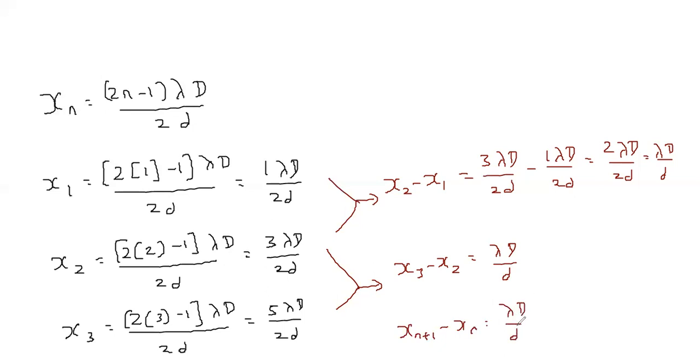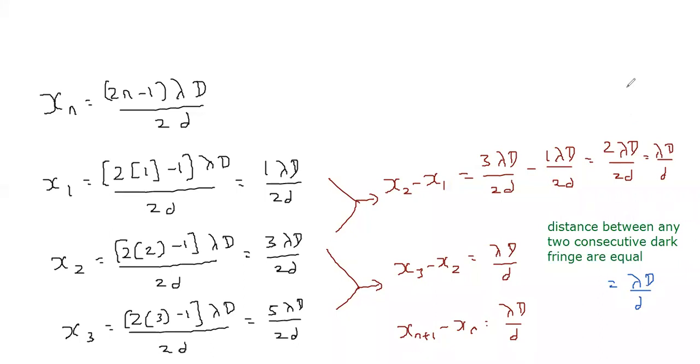So from this, what is the conclusion? The distance between any two consecutive dark fringes is equal, and the value is lambda capital D by small d. Step 3 is over.